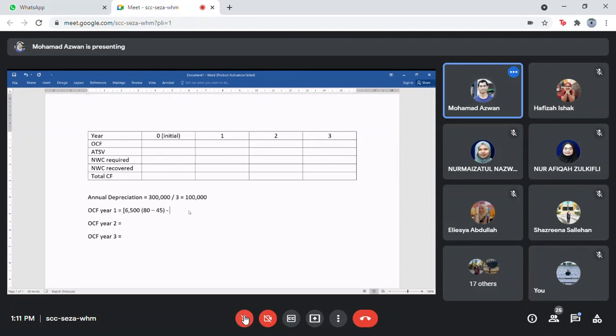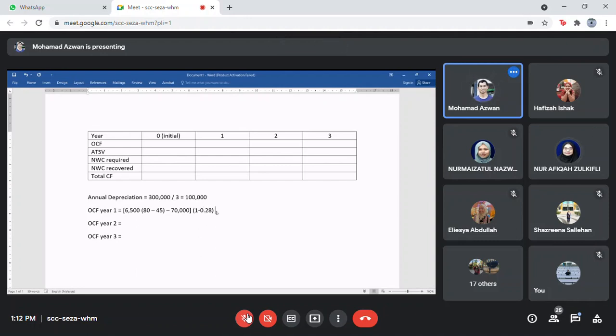Then you minus fixed cost. How much? 70,000. Okay, and then close bracket. Times 1 minus tax. How many percent is the tax rate? 28, so 1 minus 0.28.